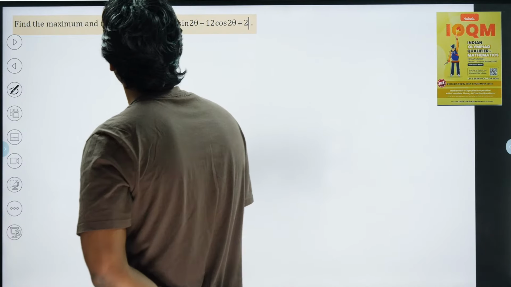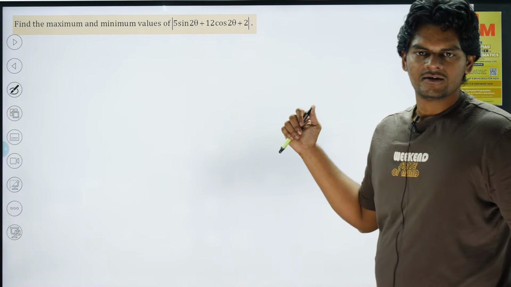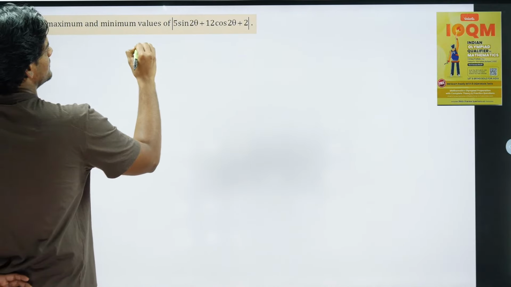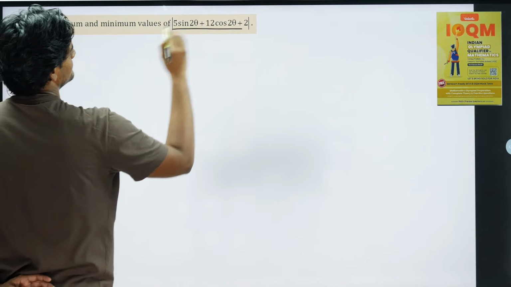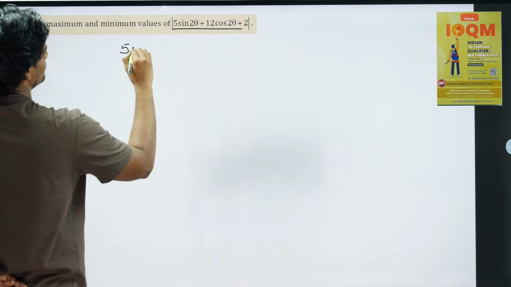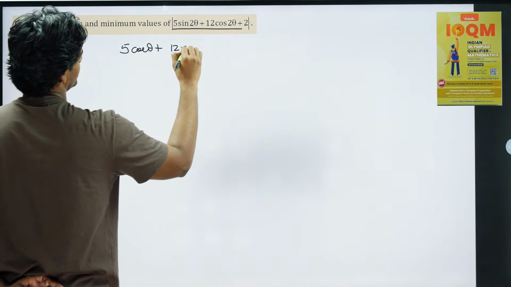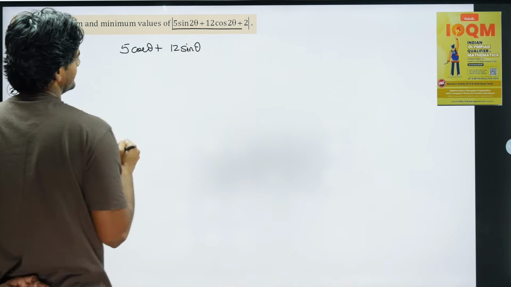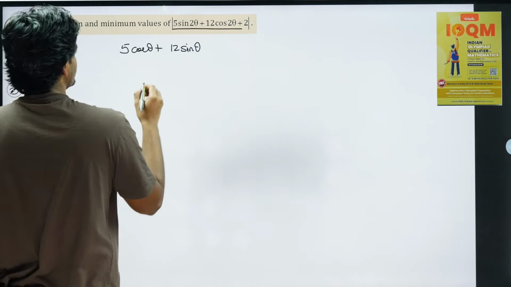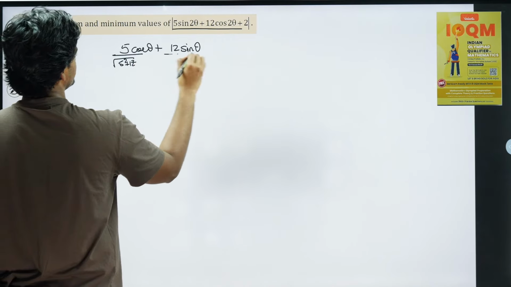Okay. Find the maximum and minimum values of this expression. This is also easy. You simply have this expression. When you have 5 cos theta plus 12 sin theta, something like this, always remember that, in case you don't know, I am telling you, divide this by square root of 5 square plus 12 square.